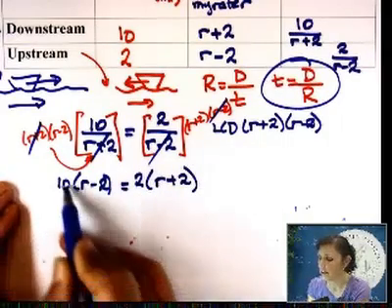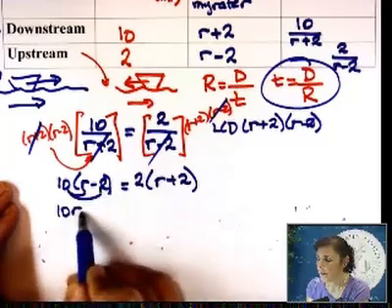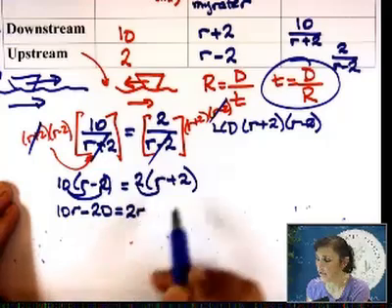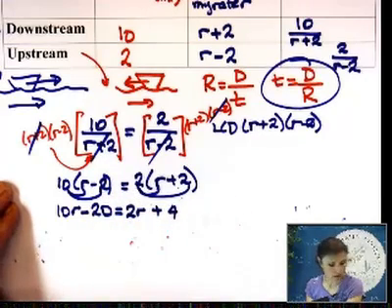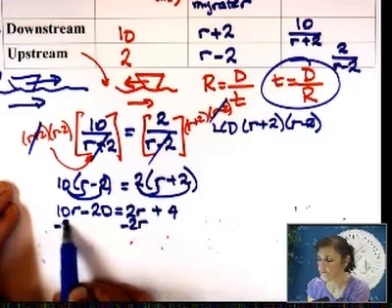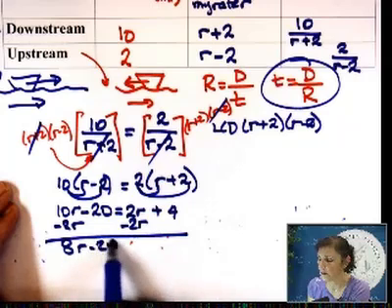Now FOIL: 10R minus 20 equals 2R plus 4. Now I just solve for it. Subtract 2R. That will give me 8R minus 20 equals 4.